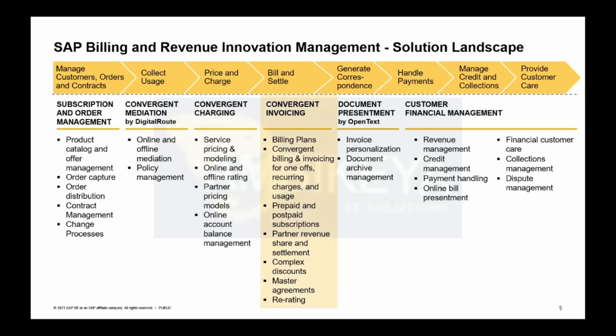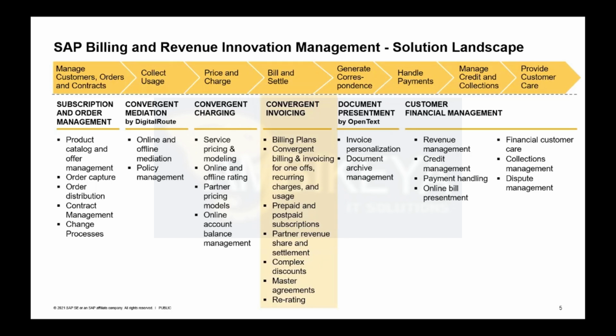We additionally have financial customer care, where you can handle maybe single payments that cannot be assigned to the invoice, and we also have collection management and dispute management in case of problems with the assignment of the payments to the invoice. Okay, that's the overview of the BRIM solution.